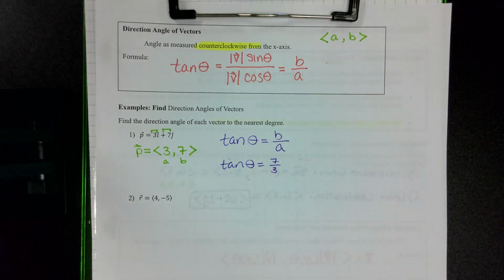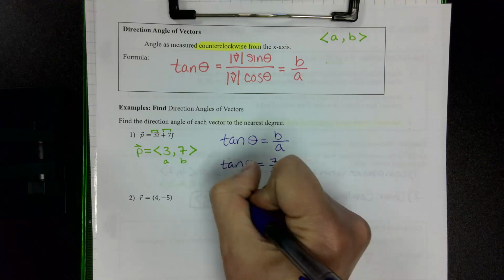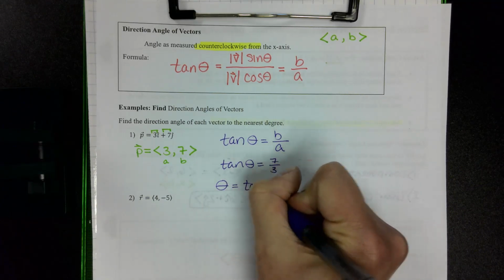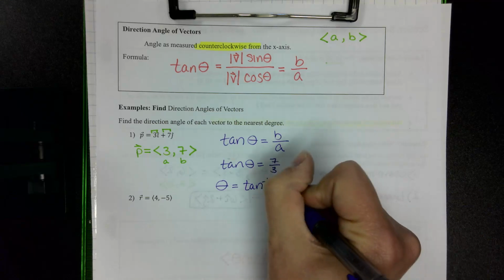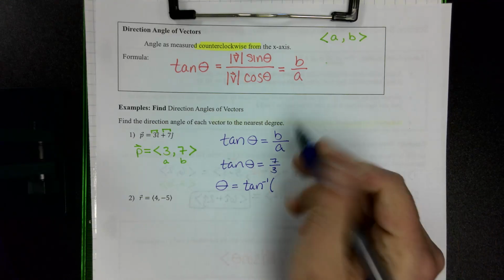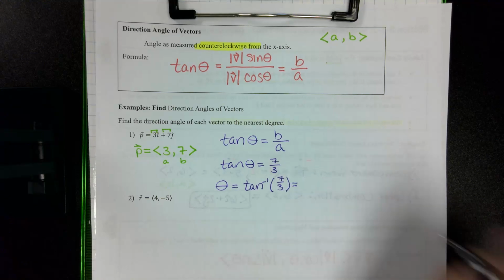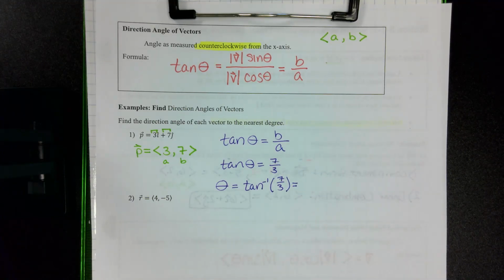But I want the angle. The angle, theta, would be equal to the inverse tangent, tangent to the -1, of the ratio of the sides of the triangle, 7 over 3. Make sure you're in degree mode, and you can calculate it.